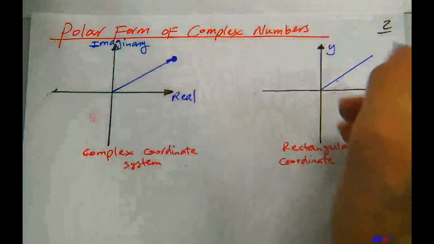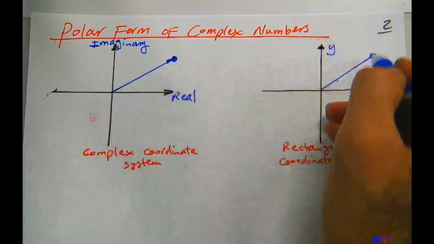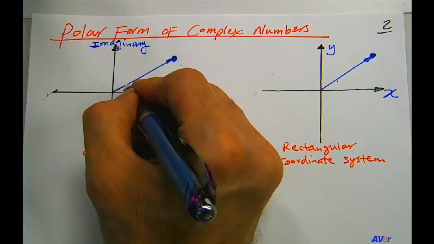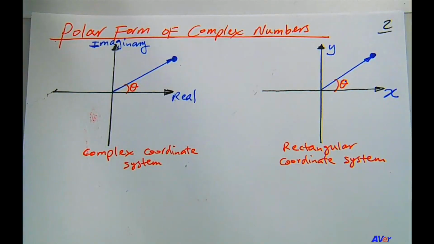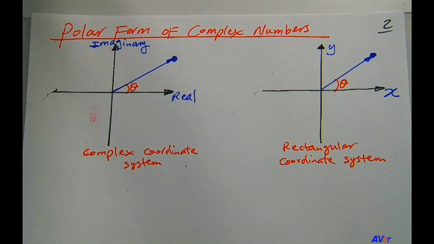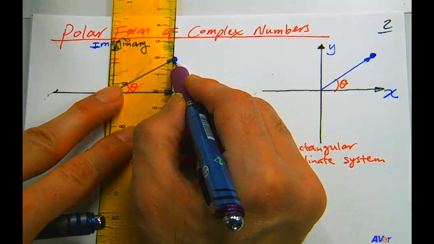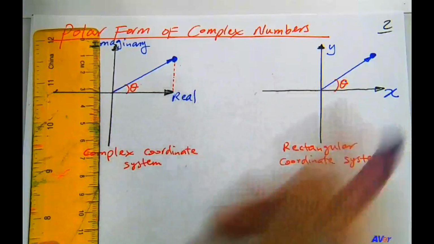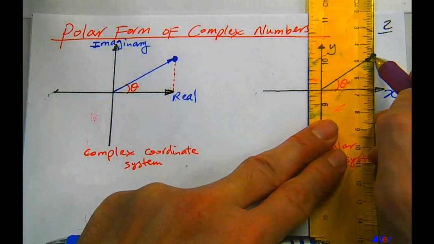So we want to identify that point within each coordinate system, right? Within the rectangular and within the polar coordinate system. And this is theta, and this is theta. Okay, so now let's draw a vertical line or dashed line for this one, and also for this one, for the rectangular coordinate system.